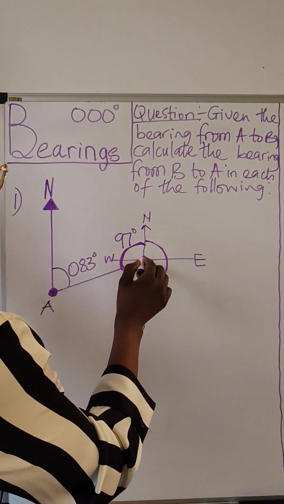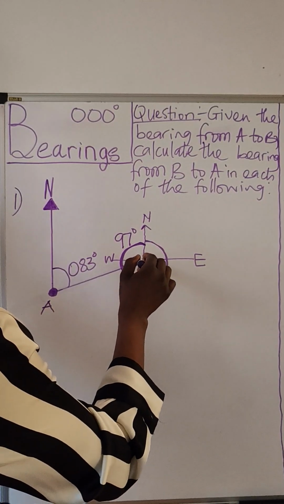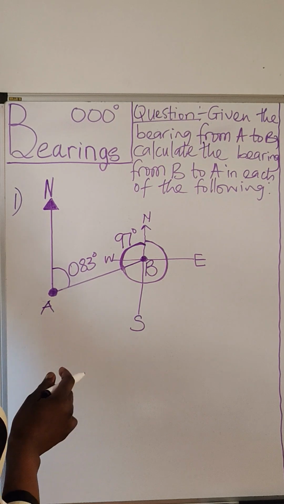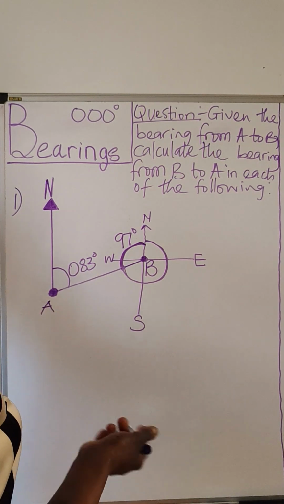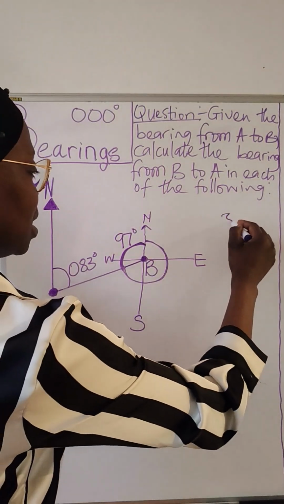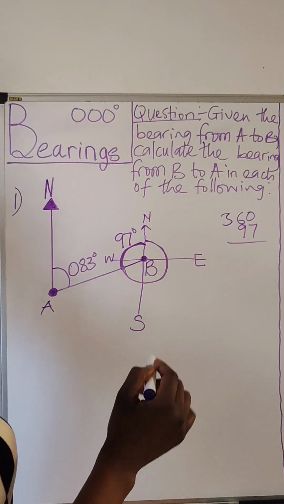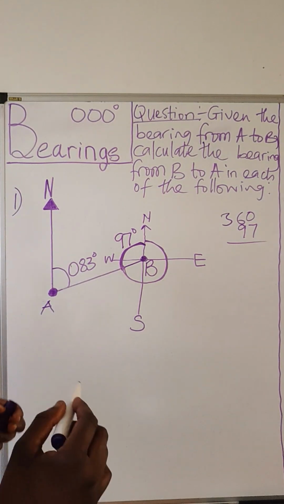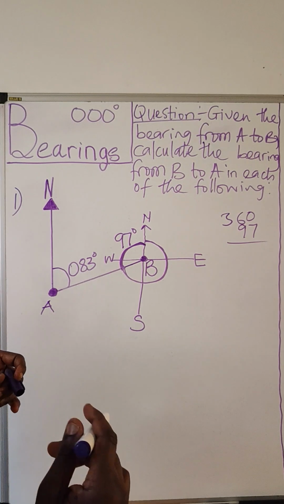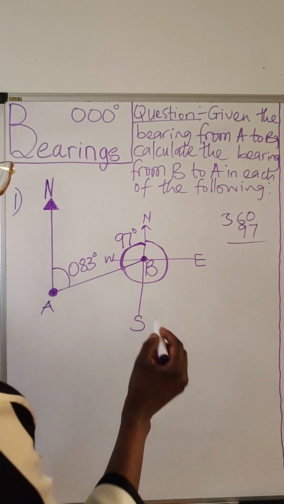Since the full turn at this point is 360 degrees, it's easier for us to subtract 97 degrees from 360 degrees. 97 degrees from 360 degrees gives us 263 degrees.